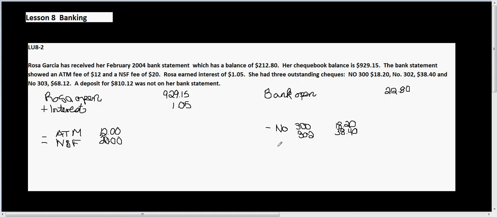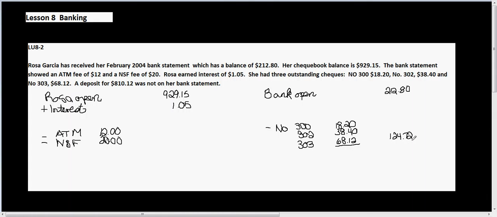And the last one was check number 303 for $68.12. Okay, the total of all of these checks amounts to $124.72.